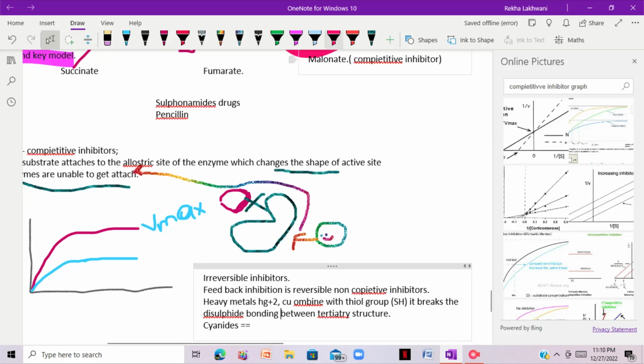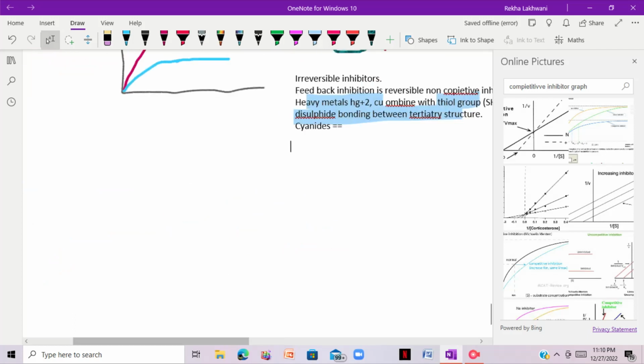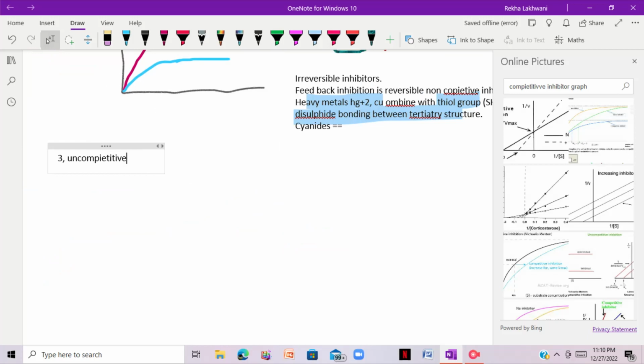Next, we have another type, which is known as the uncompetitive inhibitor. What happens in this, as we know, for example, this is a substrate and this is the enzyme, right?